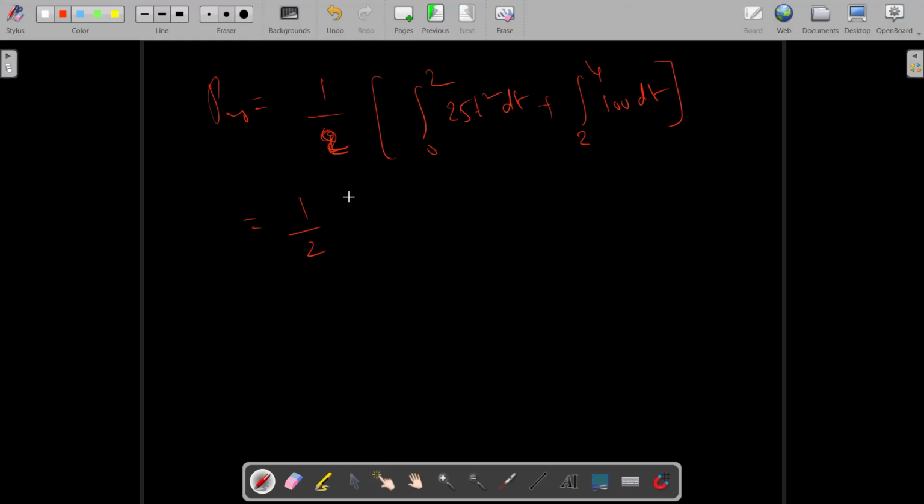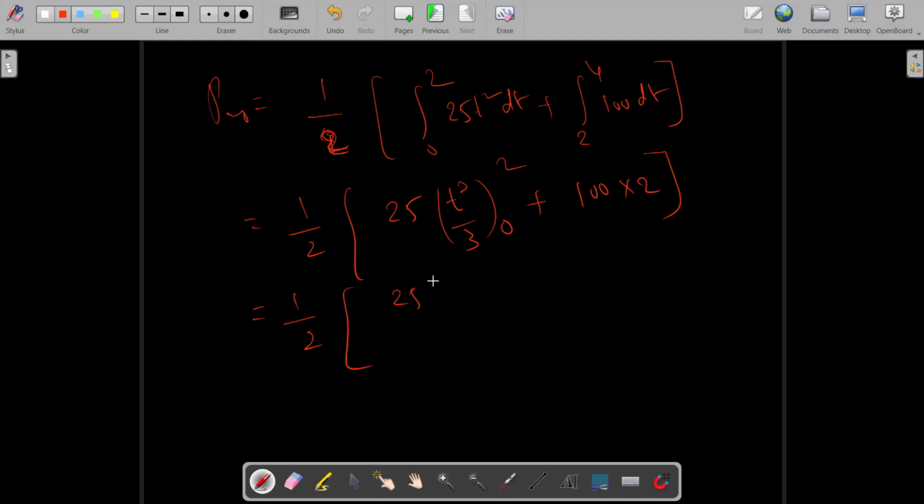So now 1 by 2, this is 25 t cube by 3 from 0 to 2, and it is going to be 100 into 2. Because the integration of dt is t, and if you substitute the limits, upper minus lower, 4 minus 2, it is going to be 2. So this is 1 by 2, 25 into 2 cube is 8, so 200 by 3 plus 200.